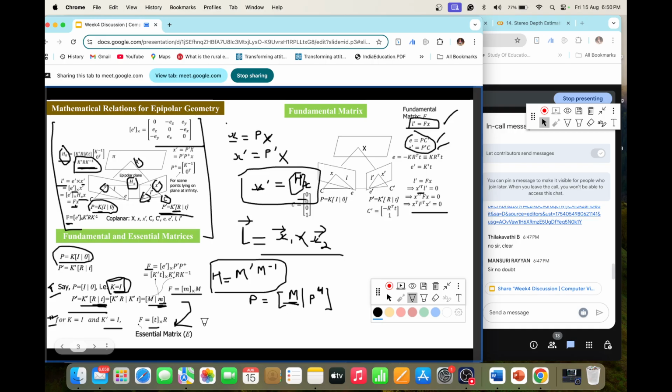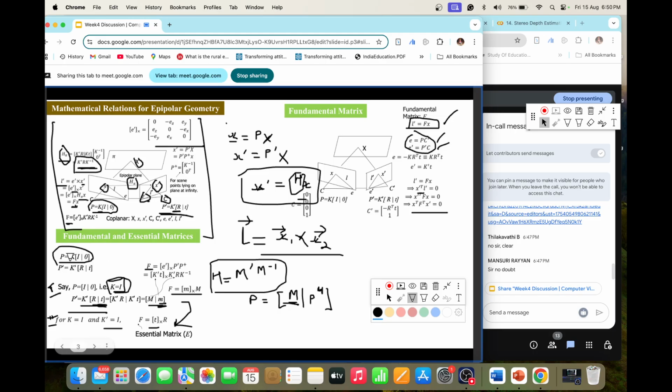Again I am repeating. Earlier your F is given by E' x into H pi. That is how we are writing our fundamental matrix. Now there are two special cases to it.